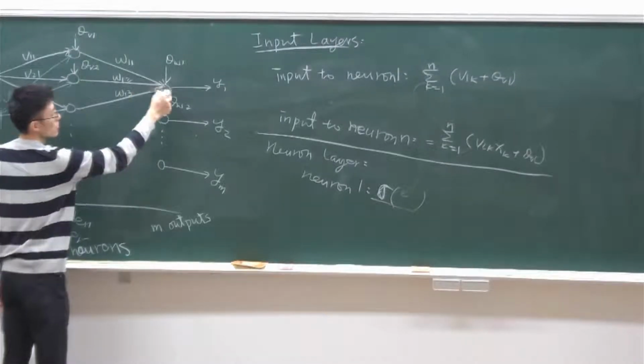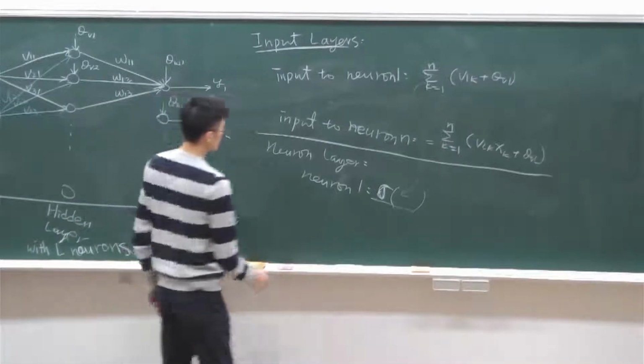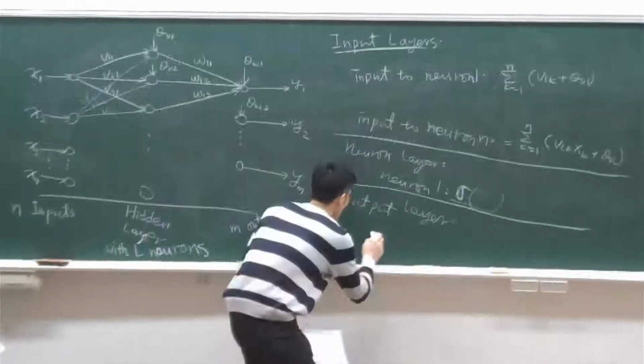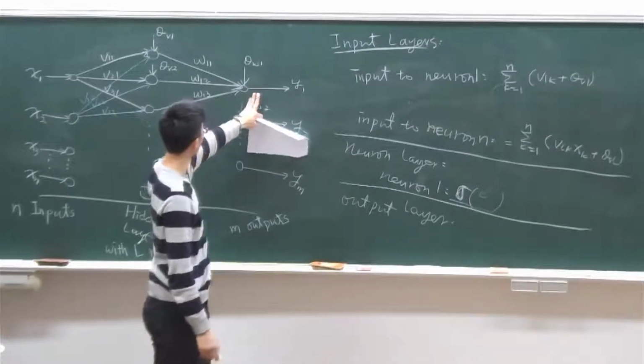That will go into the upper layer, for example Y1. How do we get Y1?